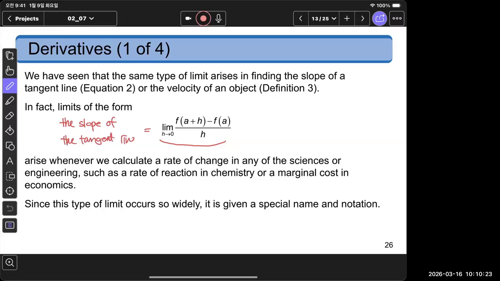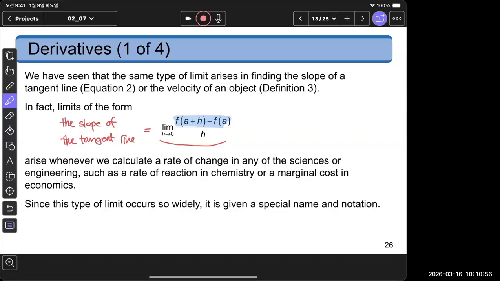That's what this expression means in the graph. This expression f of a plus h minus f of a measures the difference in function values, and h is the difference between two points in the domain, right?